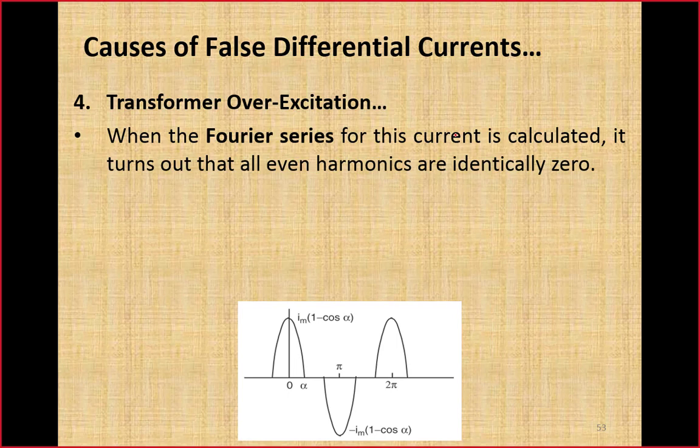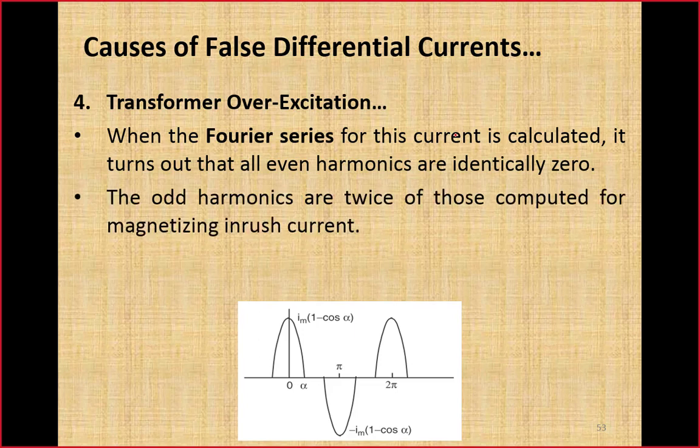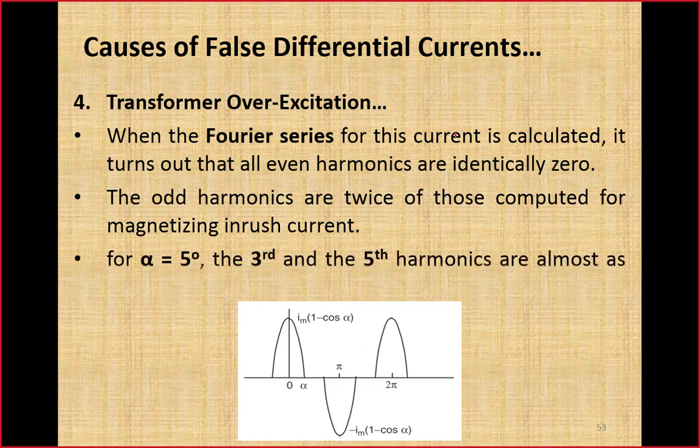When the Fourier series for this current is calculated, it turns out that all even harmonics are identically 0 because this current is symmetric about the horizontal axis. The odd harmonics are twice of those computed for magnetization inrush current, but here the dominant ones are the odd harmonics.